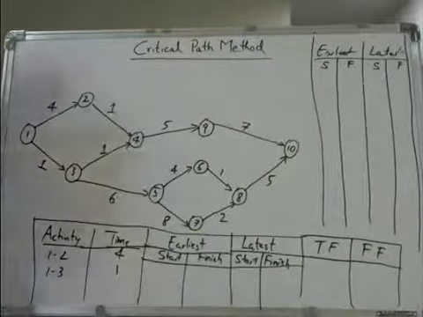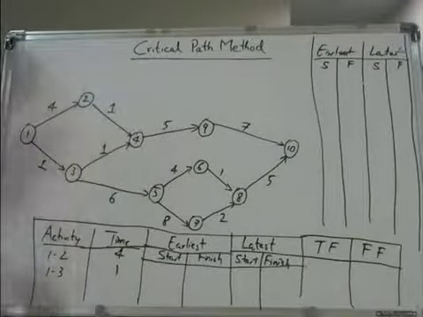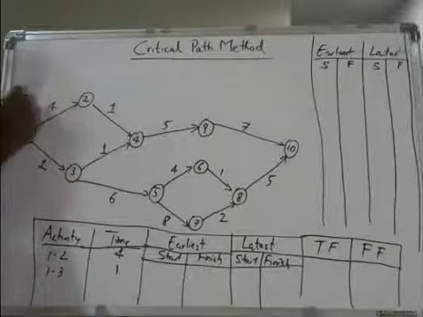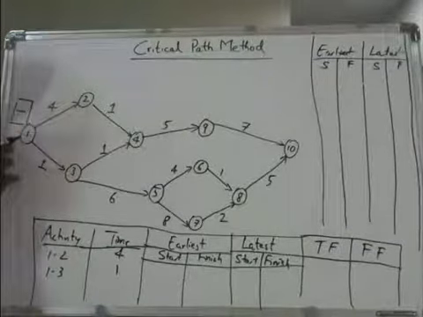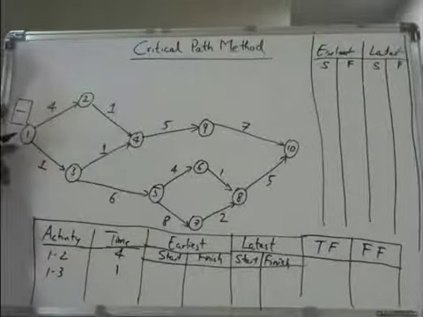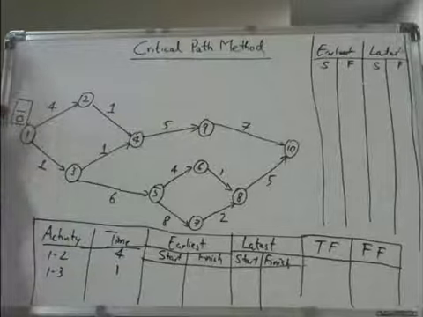Okay. Now let us see how to do this. When we are starting, we need to have this kind of box for each event. For the first box, when we are starting any activity, it starts with 0 time.